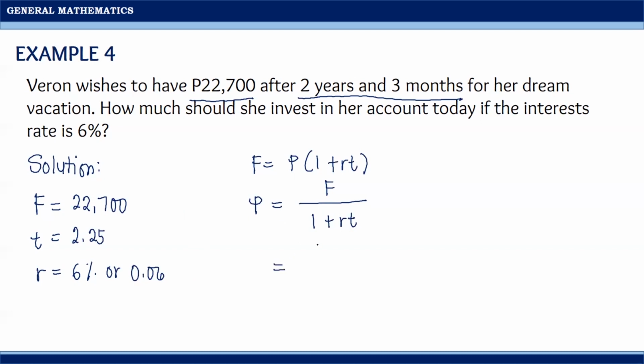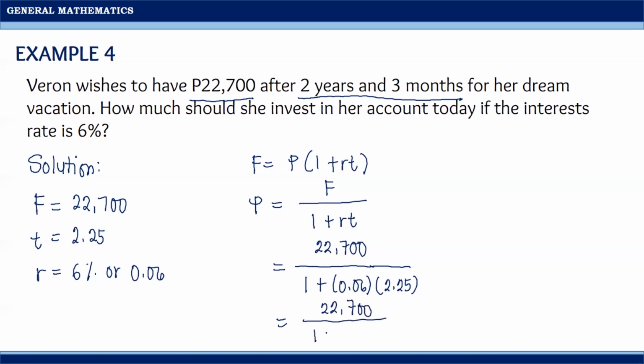So we will have 22,700 divided by 1 plus 0.06 times 2.25. What we need to do first is to multiply 0.06 and 2.25. So it will be equal to 22,700 divided by 1 plus 0.135.